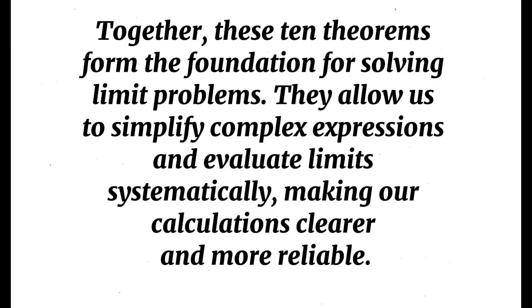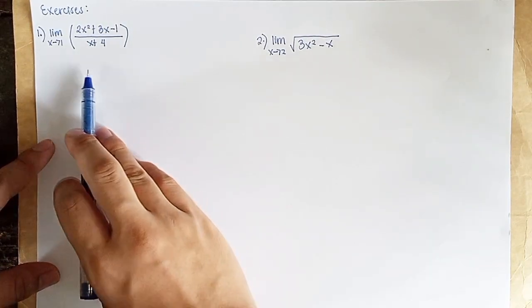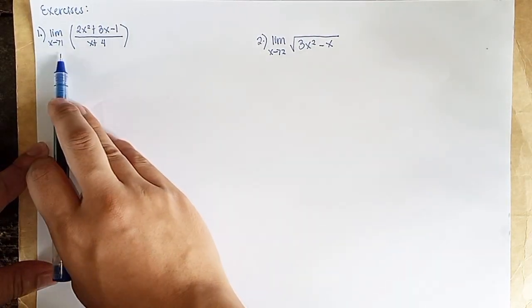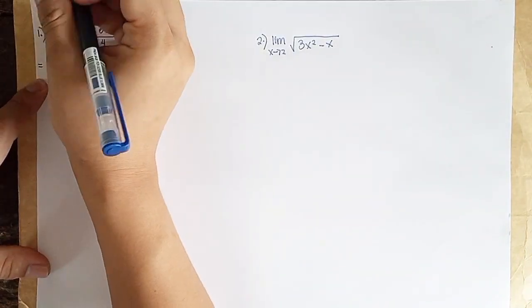I hope that you have learned something from the 10 theorems, and at this next part you're going to answer some of the exercises, and let's check which theorems are applied to those exercises. So for the exercises, number 1 is the limit as x approaches 1 of 2x squared plus 3x minus 1 over x plus 4.